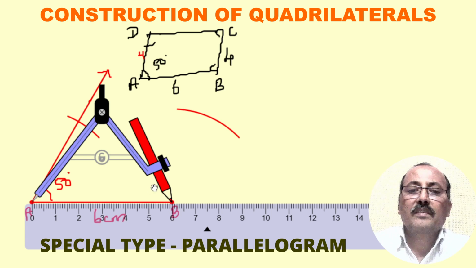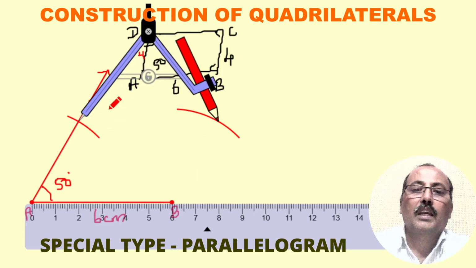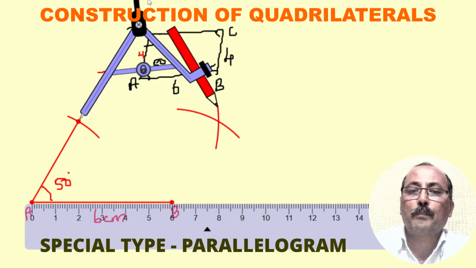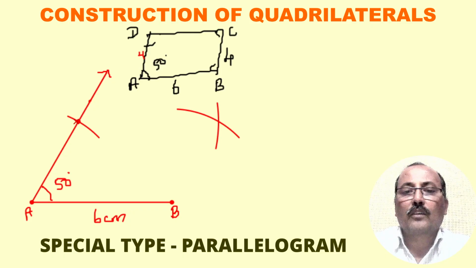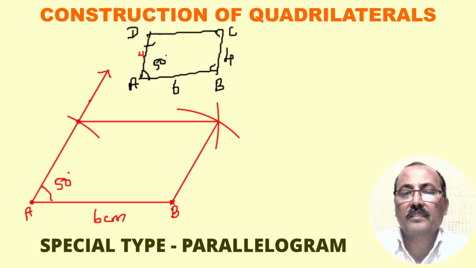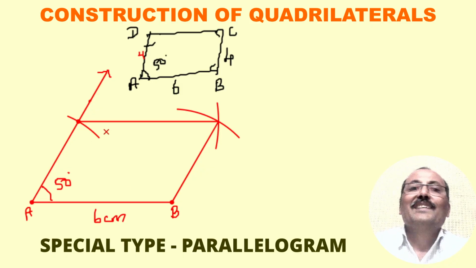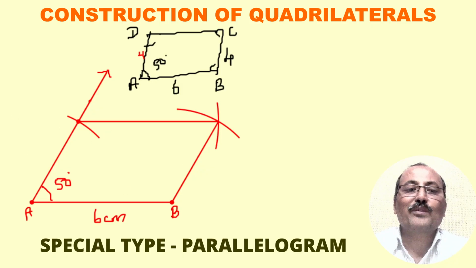Take the compass and take 6 centimeter with the help of the ruler. Keep it here and draw that one. Intersect the previous arc. Take the ruler and join this one and also join this over. Now the construction is over.